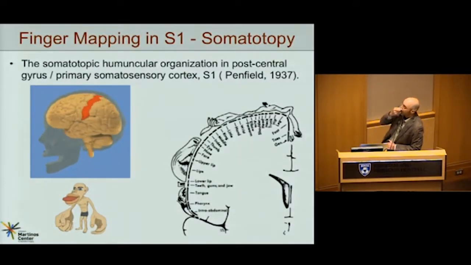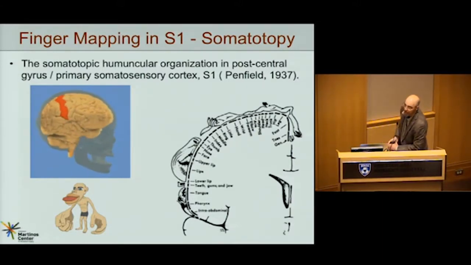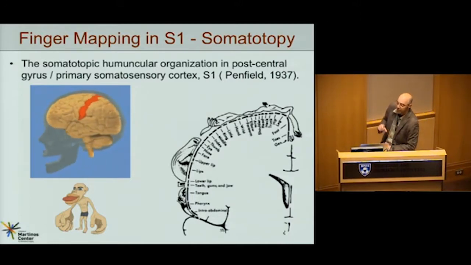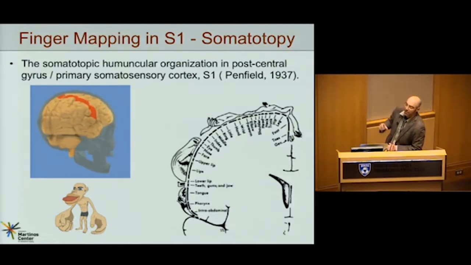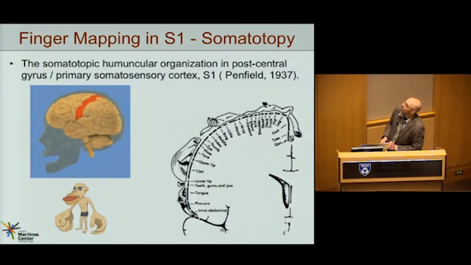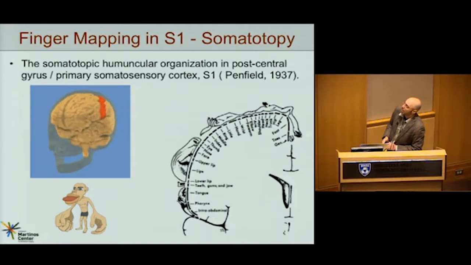So the other thing we did is we looked at brain response and the location of this brain activity. Here we're mapping what's called somatotopy in the brain. Somatotopy is the concept that different parts of the body are mapped onto different locations in the primary somatosensory cortex. This was first noted by a surgeon, Wilder Penfield, at McGill University in Canada, who in the 1930s was doing experiments in epileptic patients, and these patients are awake.